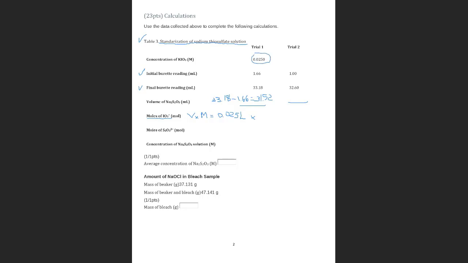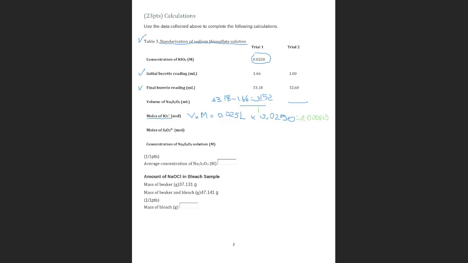And the concentration is given. Concentration 0.0250. So when you multiply that, in my case, for trial 1 here, I obtained 0.0000625 moles.